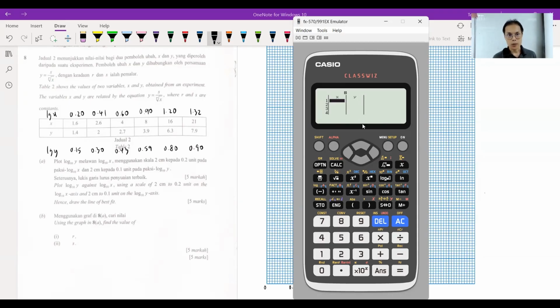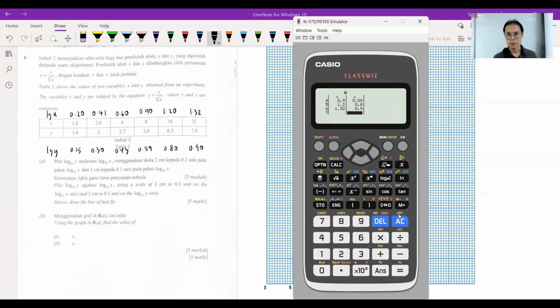You see the x and the y. Let's key in all the x values first: 0.2, 0.41, 0.6, 0.9, 1.2, 1.32. Okay, then you go on with the y values: 0.15, 0.3, 0.43, 0.59, 0.8, 0.9.